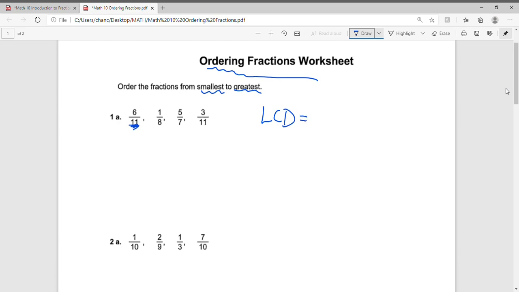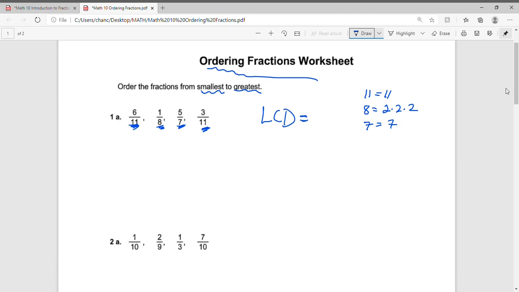Now if you look, 11, 8, 7, 11, we want to find a number that's divisible by all of these numbers. So we can actually look at 11. We can't break down 11, but I could break down 8. 8 is 2 times 2 times 2. 7 is prime, I can't break down 7, and I don't need to look at 11 again, I already have it here.